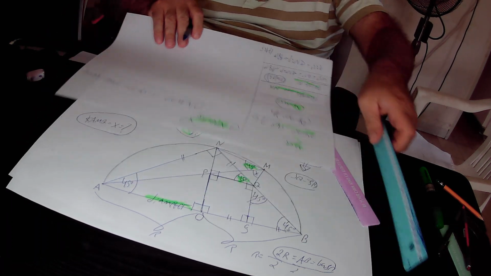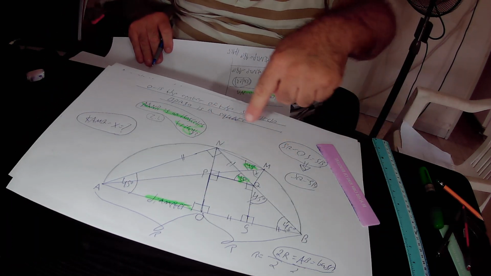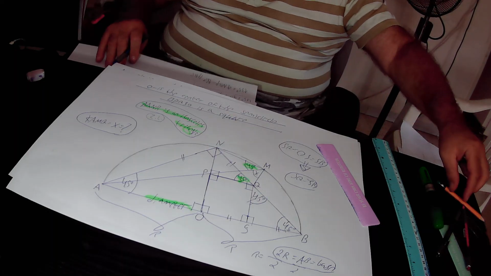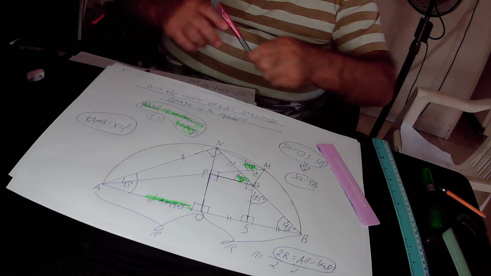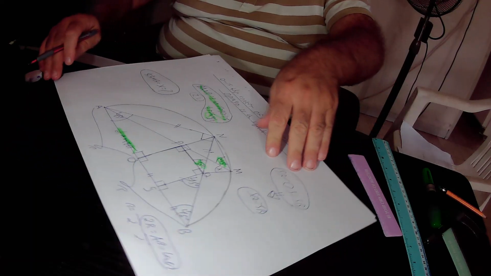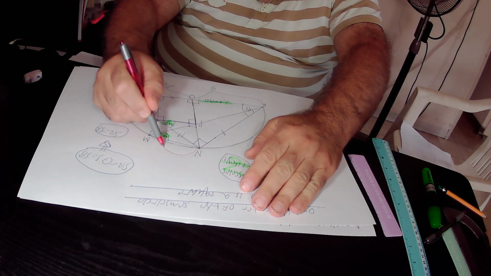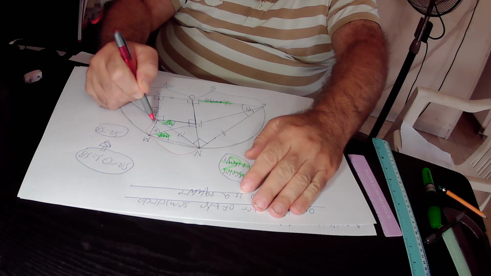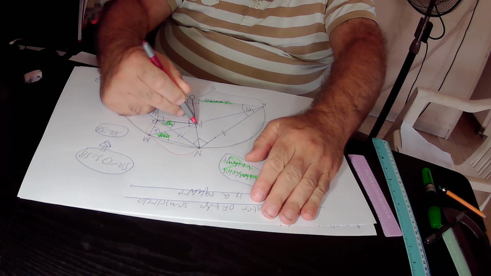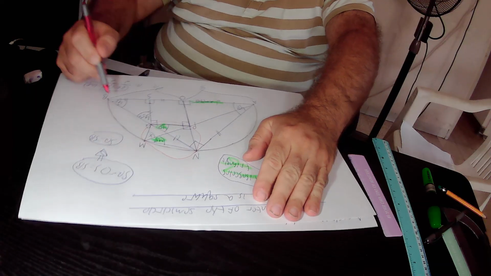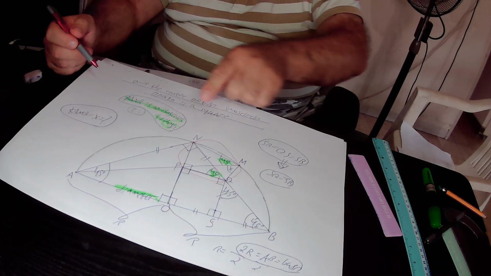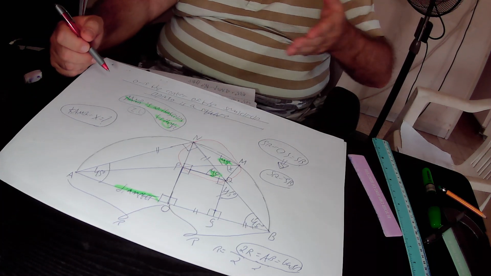So I actually block this quadrilateral NMQP by this side of the circle.